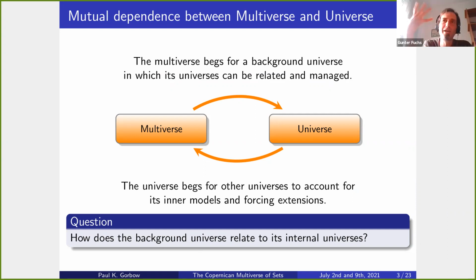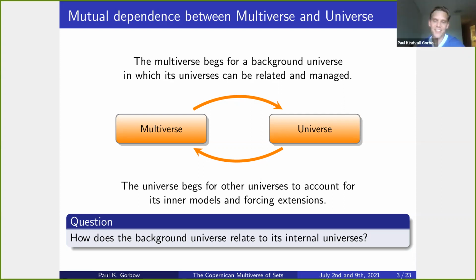So it doesn't matter which one you choose as your background universe. You could pick any of them. Exactly. You could pick any universe in the multiverse, and it would give rise to a similar multiverse. Everyone should satisfy the multiverse theory. Yeah, that's natural. I agree.